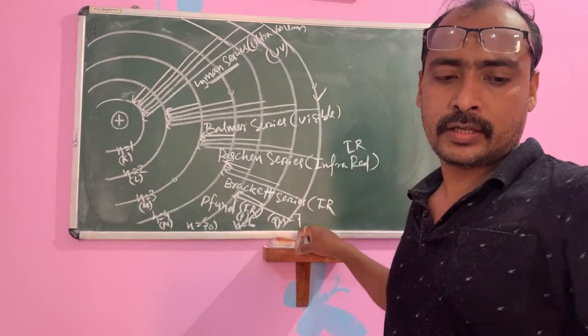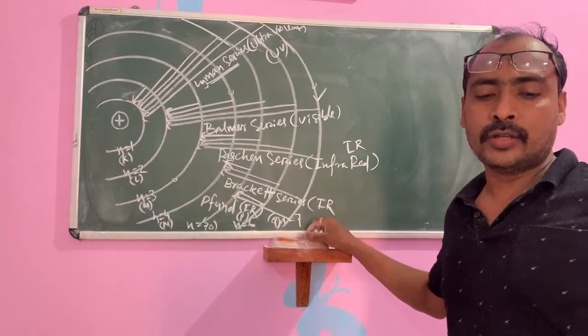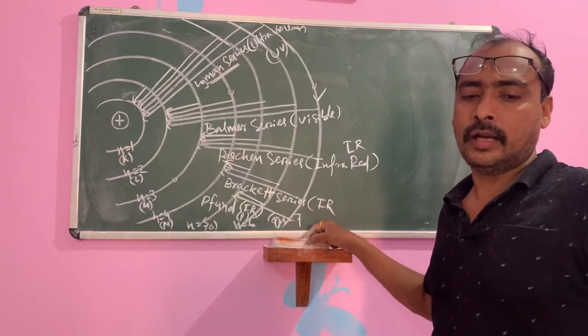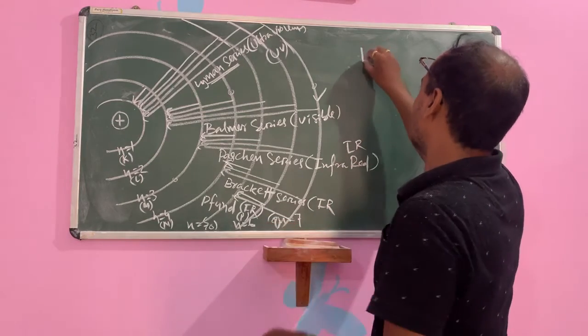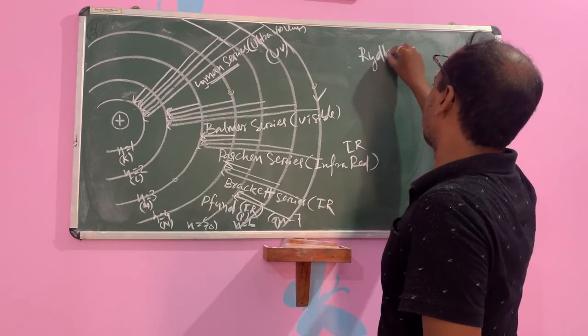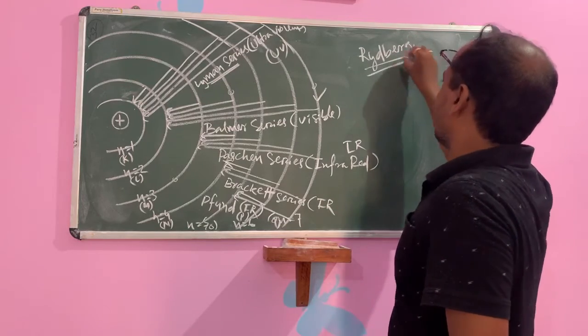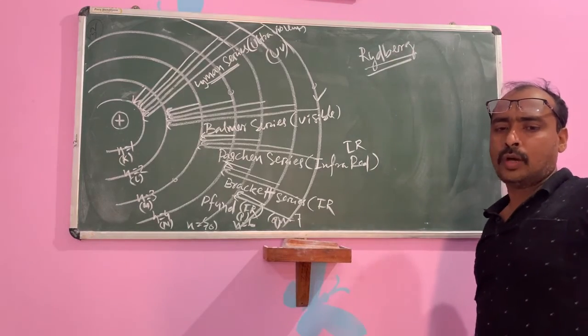So next, there is one relation given by Rydberg for calculating the wave number.